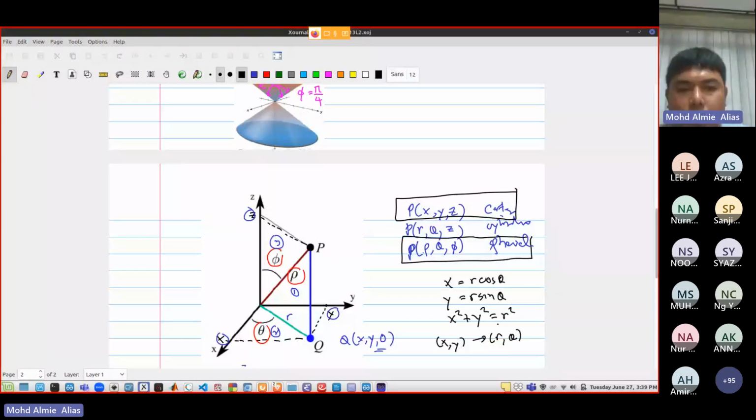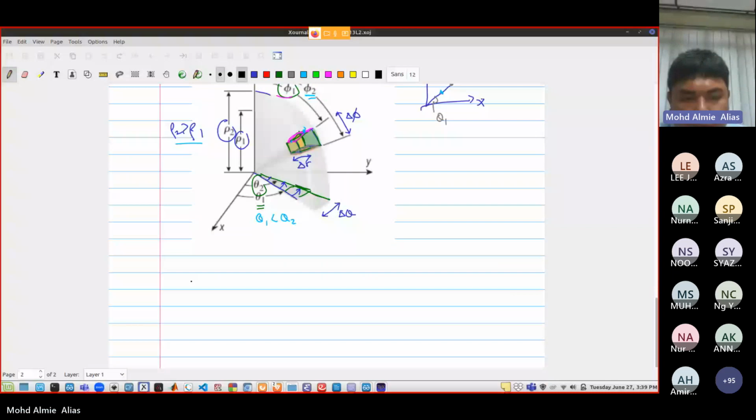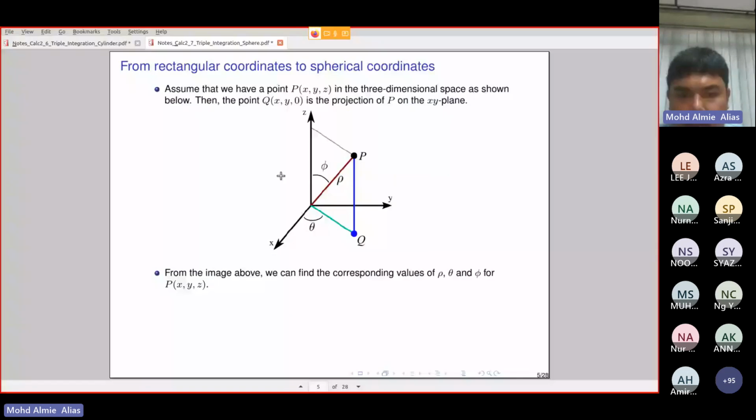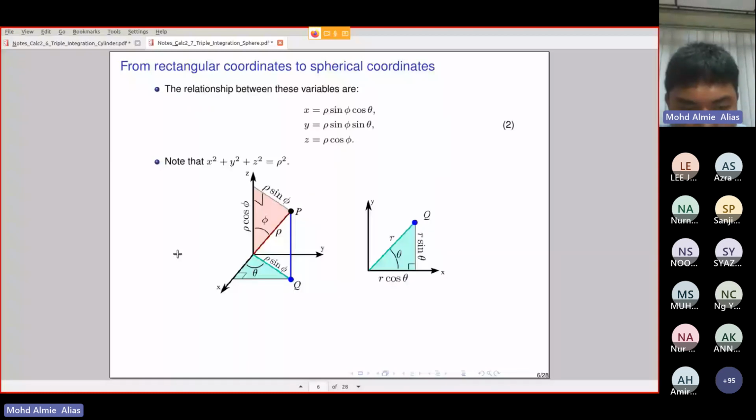But now for rectangular coordinate, let's say x, y, z, if you want to convert it to rho, theta, and phi, which is the spherical coordinate, it's not difficult. Now we have more detail here.